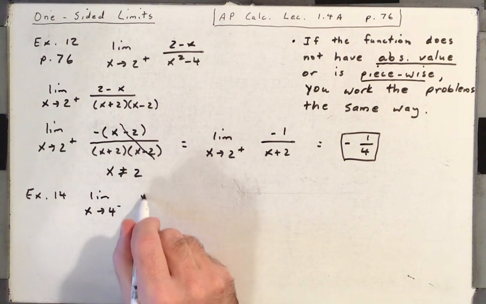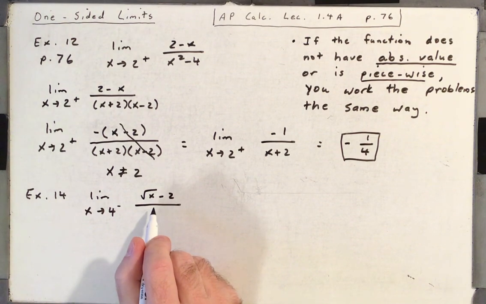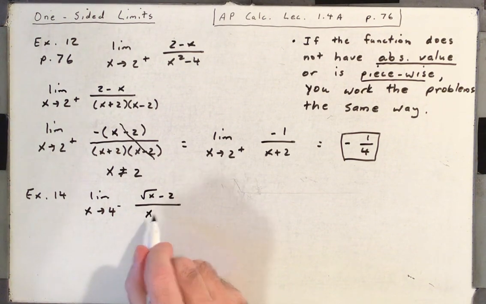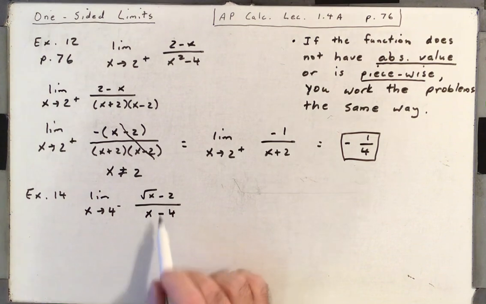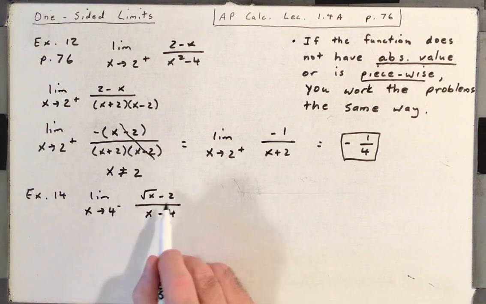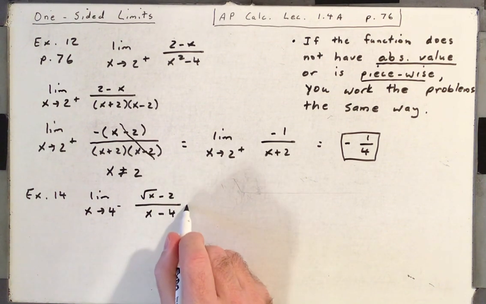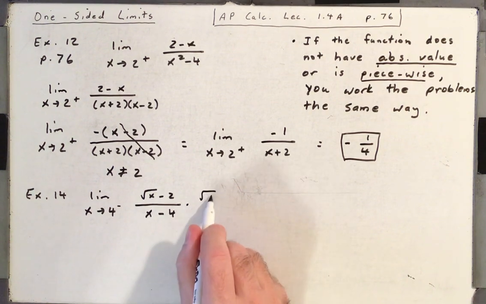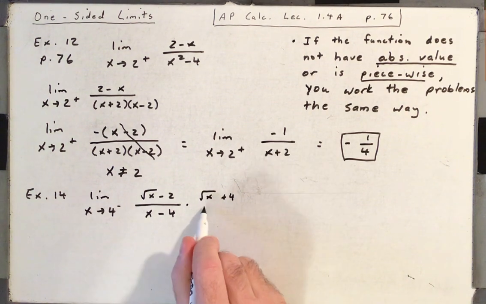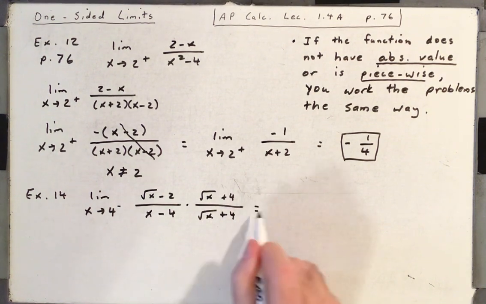So root x minus 2 over x minus 4. But since there's no absolute value, it's not a piecewise, it doesn't really matter. We can just treat it like it's a 4. Well, this one, if you plug a 4 in, you're going to get 0 over 0. So this one, there's a radical involved. You might want to think, maybe conjugate. Let's try multiplying it by root x plus 4 and see if we can get rid of that radical.